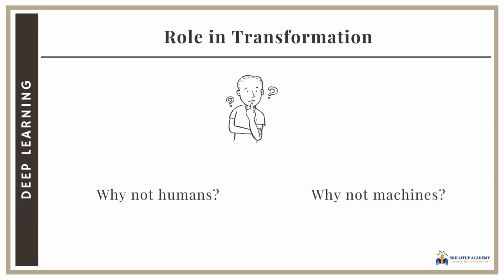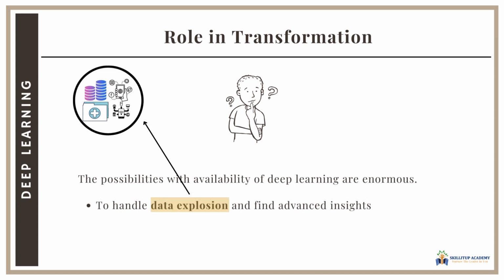Having understood deep learning to some extent, you might be thinking, what is the actual need of deep learning? See, we have machines that learn from data and humans that have the real brains. Then why do we need to have deep learning? Three very simple reasons. Number one, data explosion. Take the example of any business, any industry.